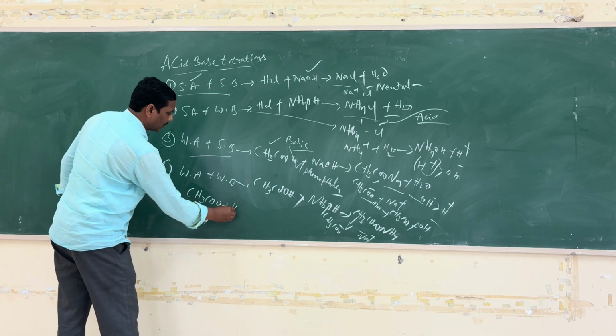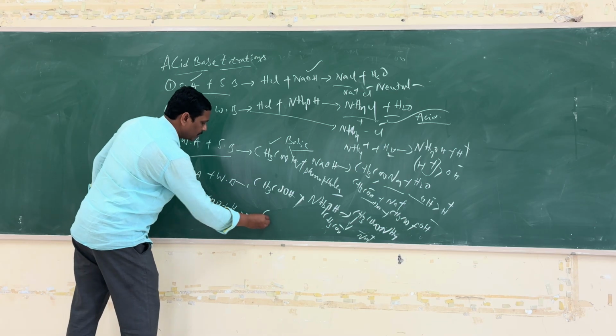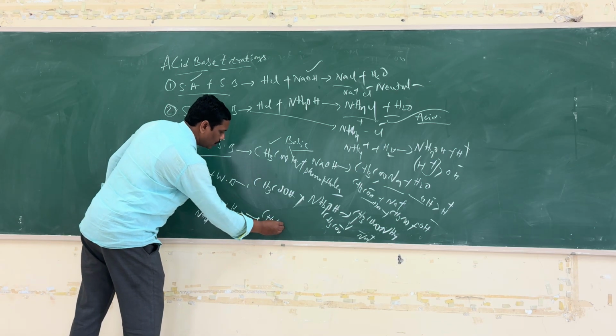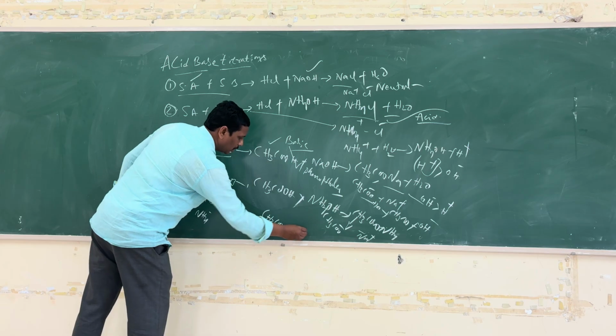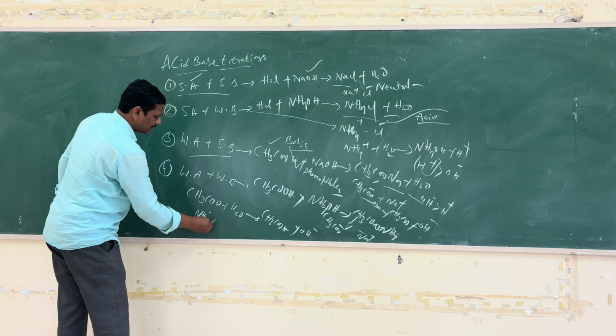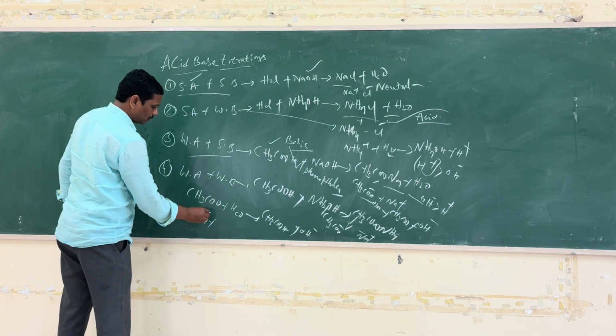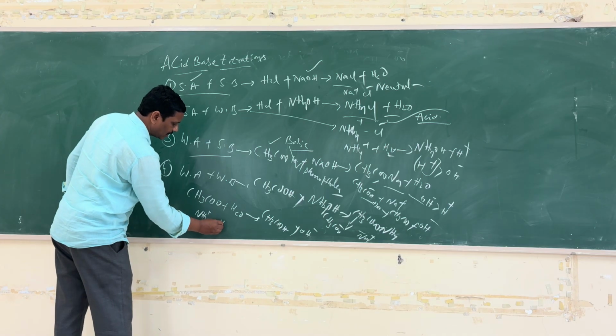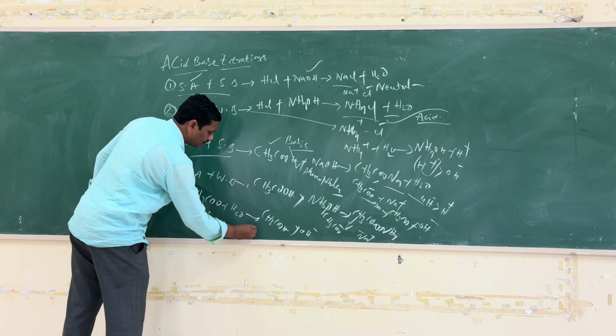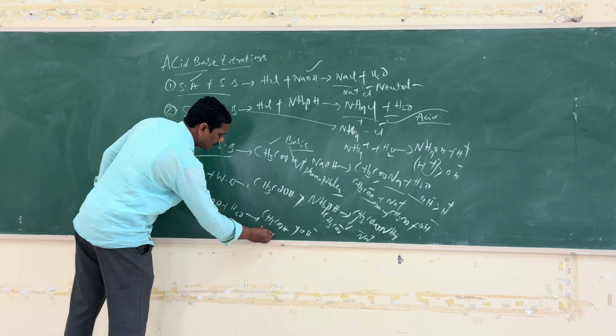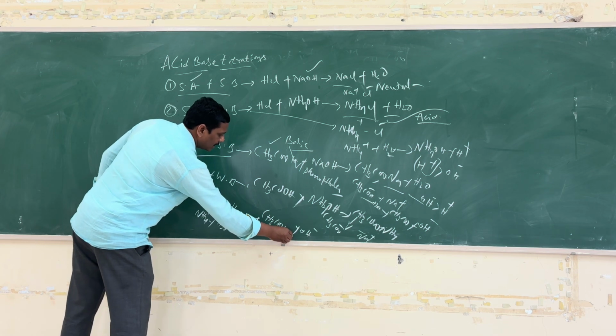Both of them undergo hydrolysis. CH3COO- produces CH3COOH and OH- ion, and NH4+ hydrolyzes to produce NH4OH and H+ ion.